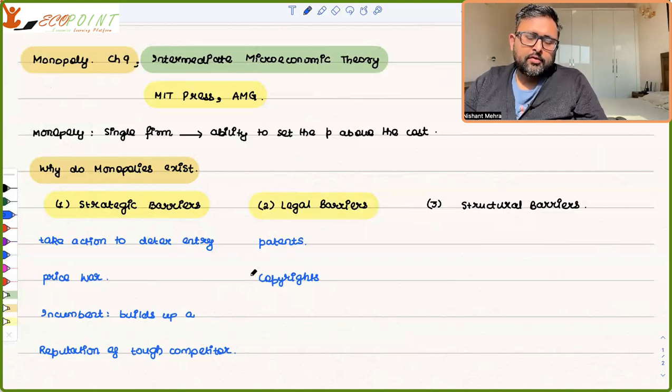Law says that, okay, we are going to reward you with some amount of monopoly profits for a certain time.